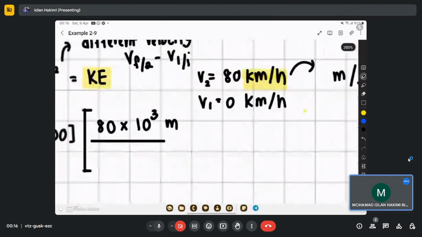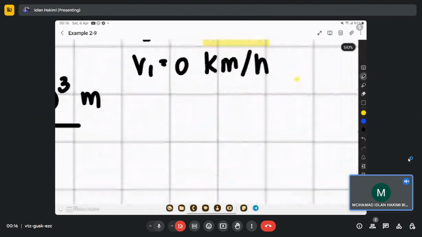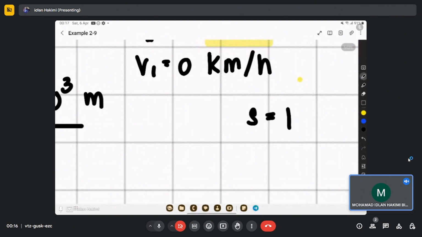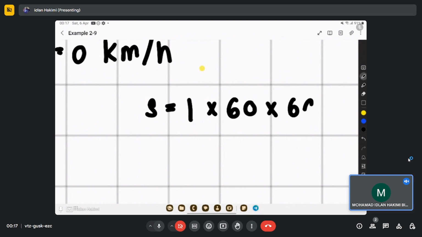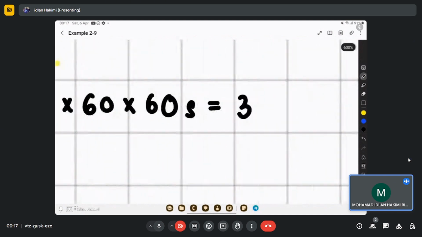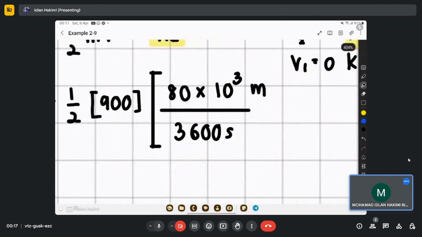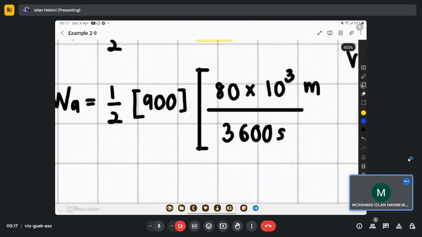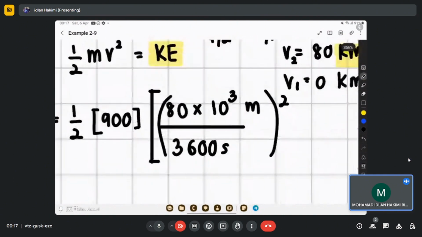As we know, 1 hour has 60 minutes and each minute has 60 seconds, so the total is 3,600 seconds.